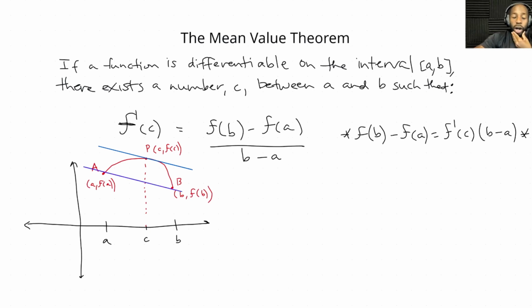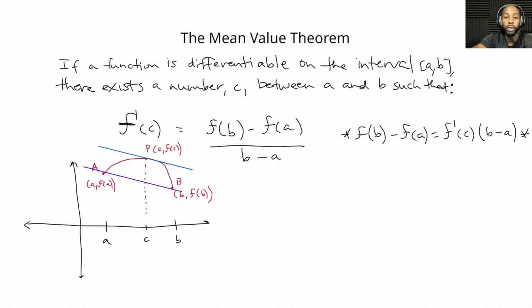All right. So again, we have this function that is differentiable on this interval A to B. It has a point on the graph when x is equal to c, somewhere in between, where if you take the derivative at that point, it's going to be equal to this. Keep in mind, f of b minus f of a over b minus a is equal to this right here.